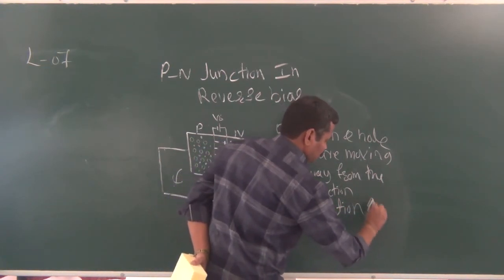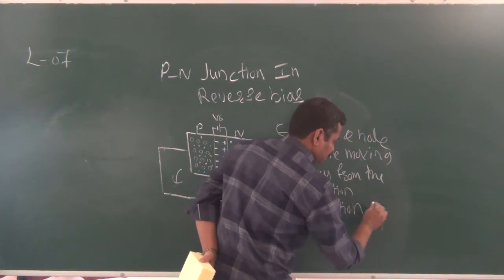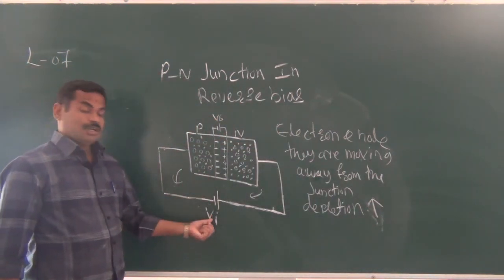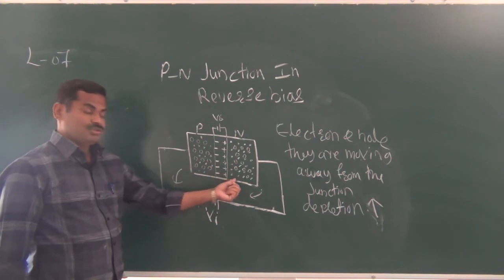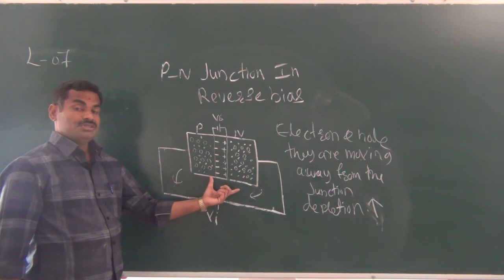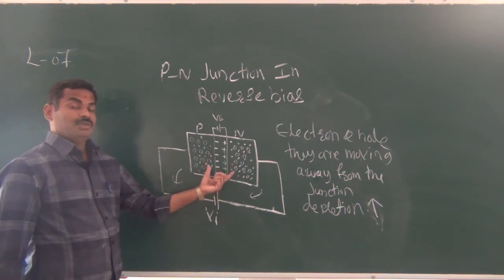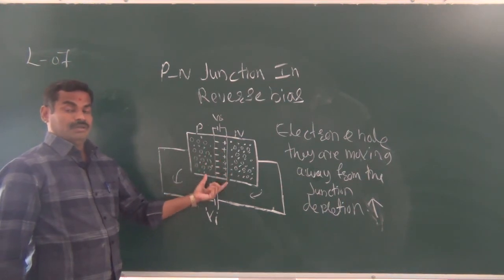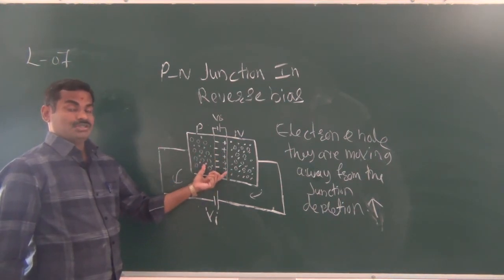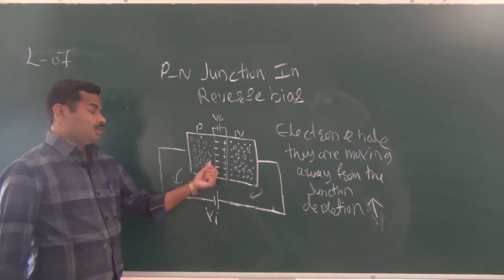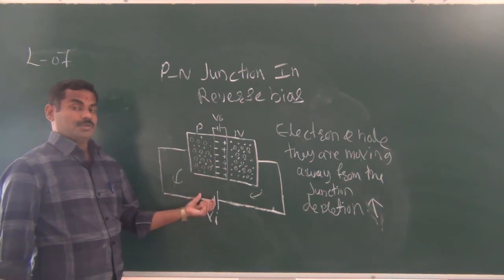The important thing is that the depletion layer increases because of the applied voltage: the majority carriers, electrons and holes, move away from the junction, so the depletion layer widens. As we know, if the depletion layer increases, you are not having any current from the majority charge carriers. It means in reverse bias, you are not having any current because of majority carriers, because they are moving away from the junction.